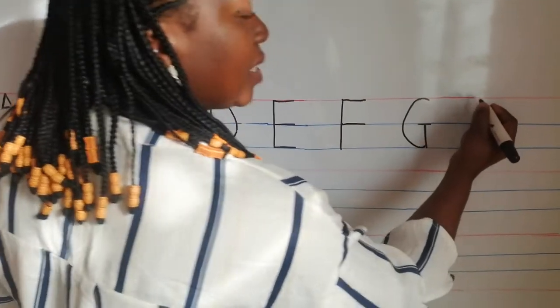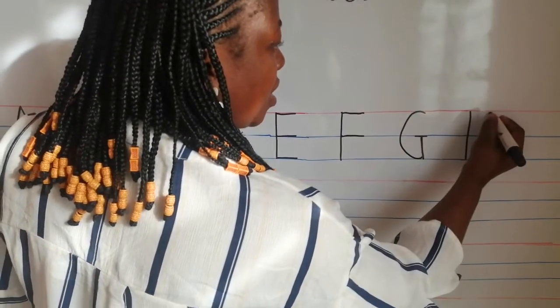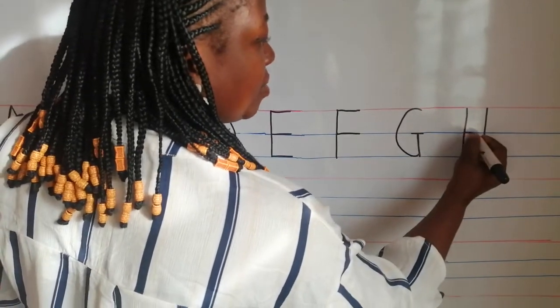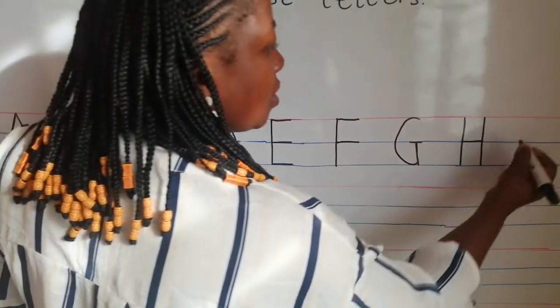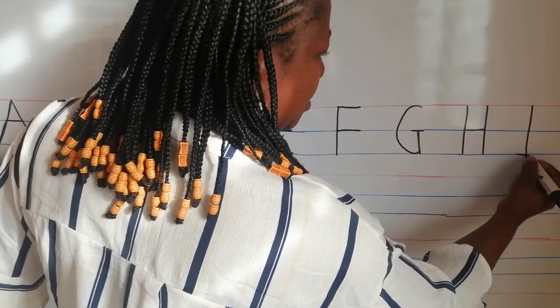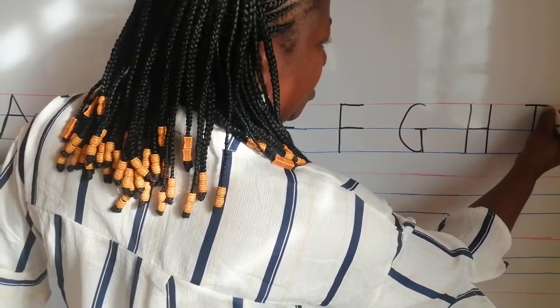Now we want to write H. A stroke down, another stroke down, and then a sleeping line. Now I is a stroke, a sleeping line beneath, and then a line across up here.